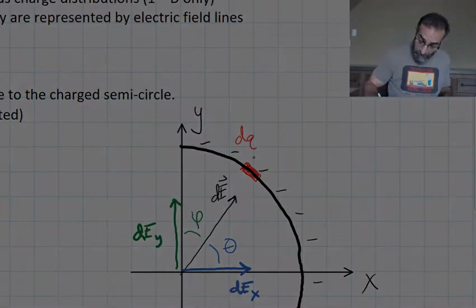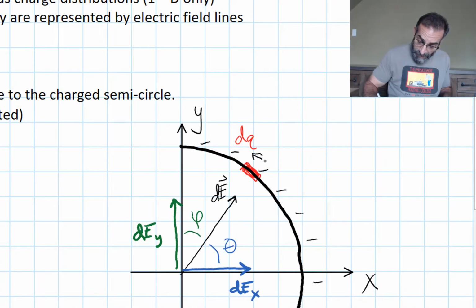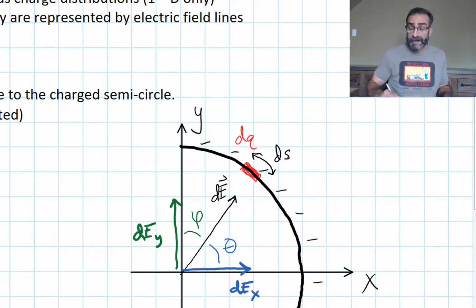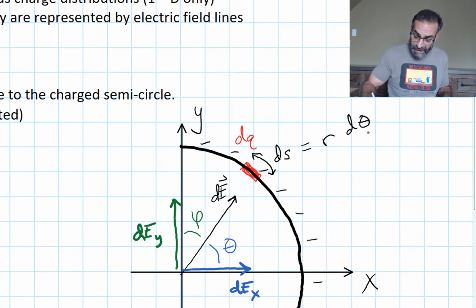Because we have a uniform density, lambda is a constant, and our ds is an arc length along this path. That arc length is equal to the radius times the angle, and the angle is going to be d theta.